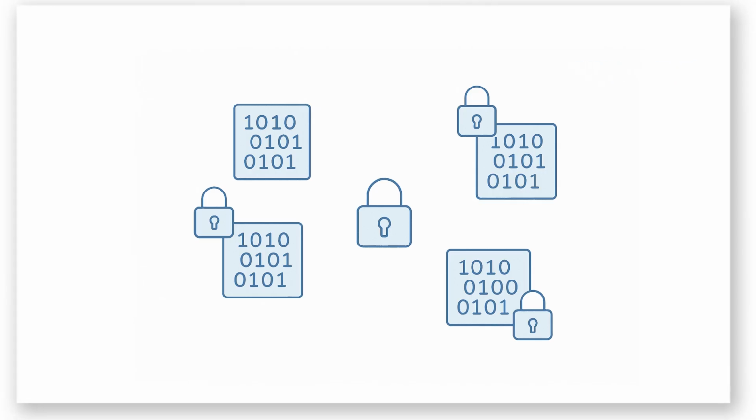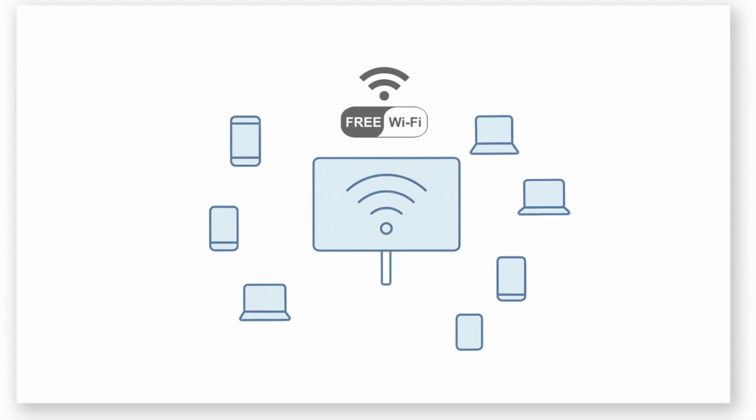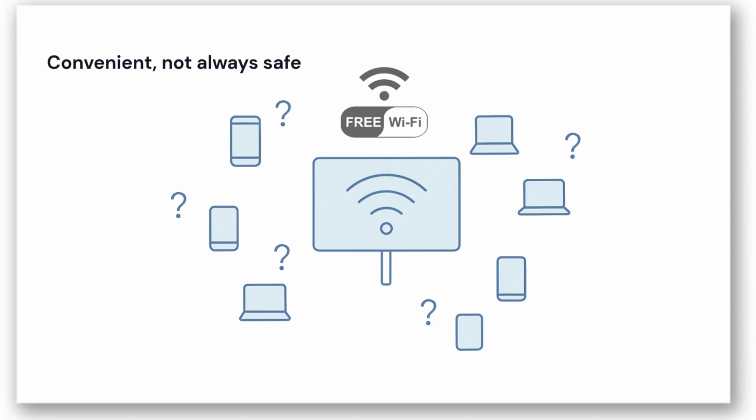To anyone listening from the outside, the data looks like random noise. With no password or with very weak protection, other people can connect more easily and in some cases may see or interfere with your traffic. That is why open public Wi-Fi networks are convenient, but not always safe for sensitive information.